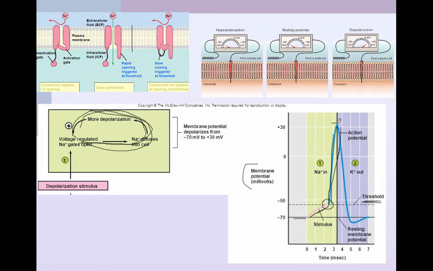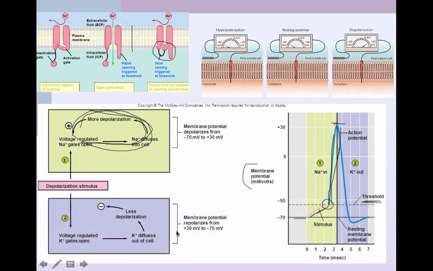Well, at some point, you can see that we stop depolarizing it. We hit approximately plus 30 and we stop. And that is because the inactivation gate has now shut. No more sodium can get into the inside of the cell. Well, now we need to repolarize it. We're repolarizing it by opening up voltage-gated potassium channels.